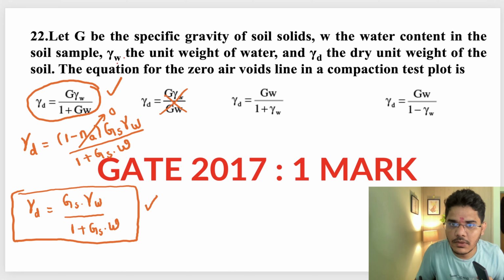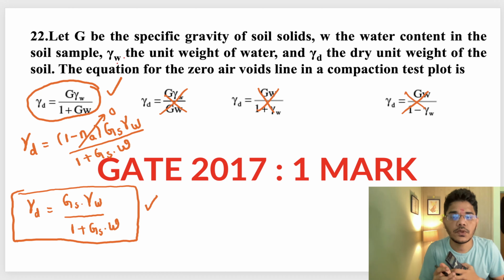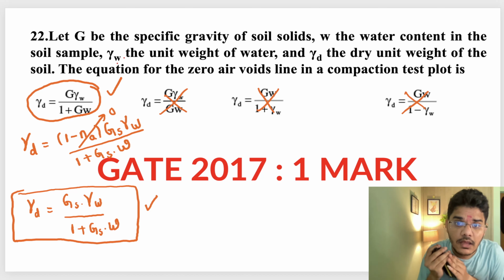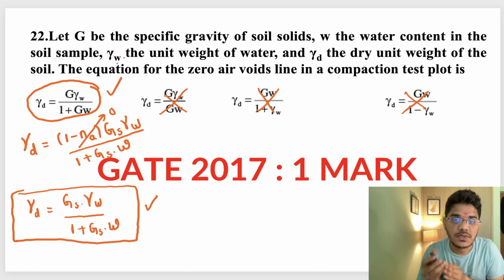G into gamma W he has given, so this is also wrong. This is also wrong. So directly this is the correct option. That is why these 12 to 13 soil water relationship formulas are very important, because if we are able to remember those formulas, we can easily tackle the problems which come from this soil water relationship unit.